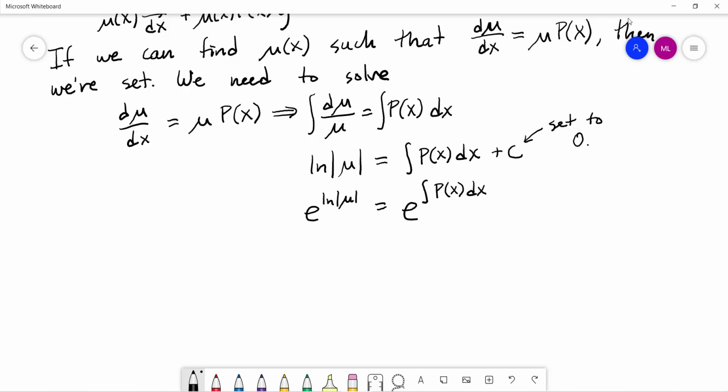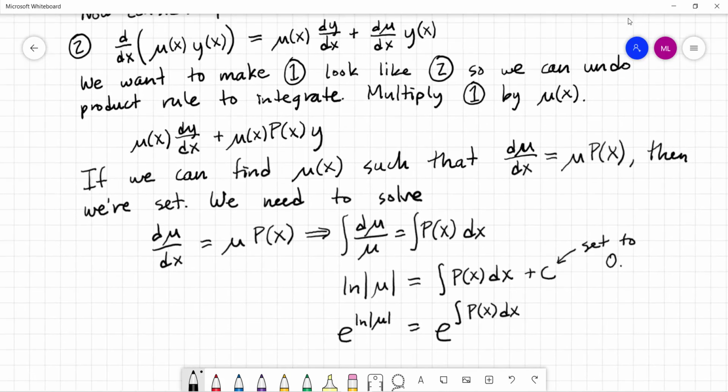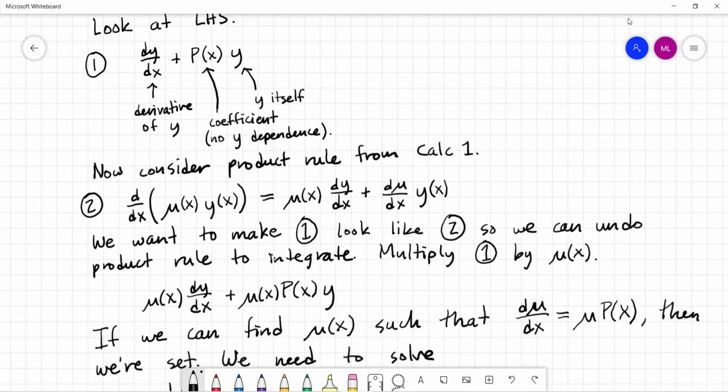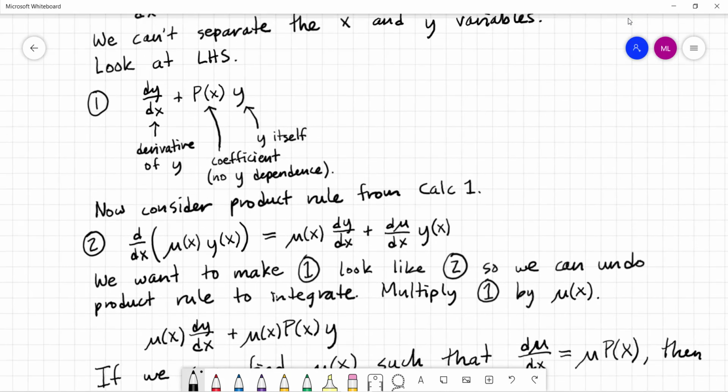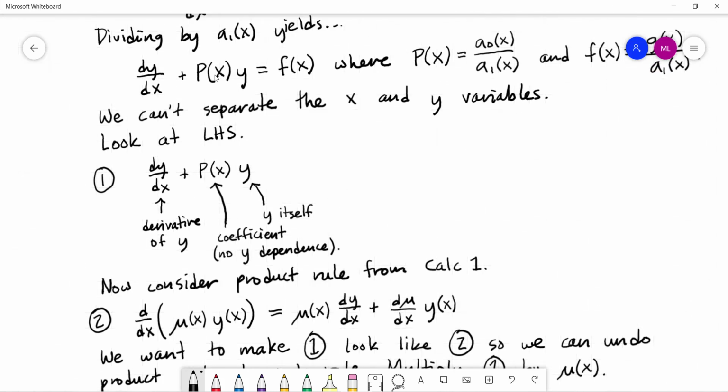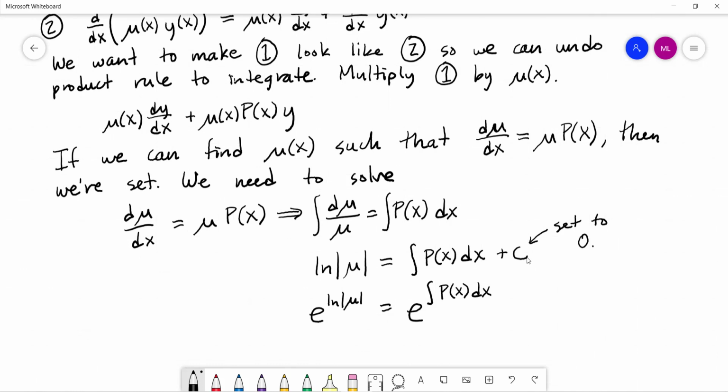Essentially, the idea is, coming back up here to the original equation, wherever it was, we're eventually going to be modifying this equation here by multiplying everything by that mu, whatever mu we happen to find. If it has a constant in that mu, this plus c here would turn into a e to the c term, which would just be some other multiplicative constant sitting in front of this. So you could think of it as being a k in front of this if you wanted.